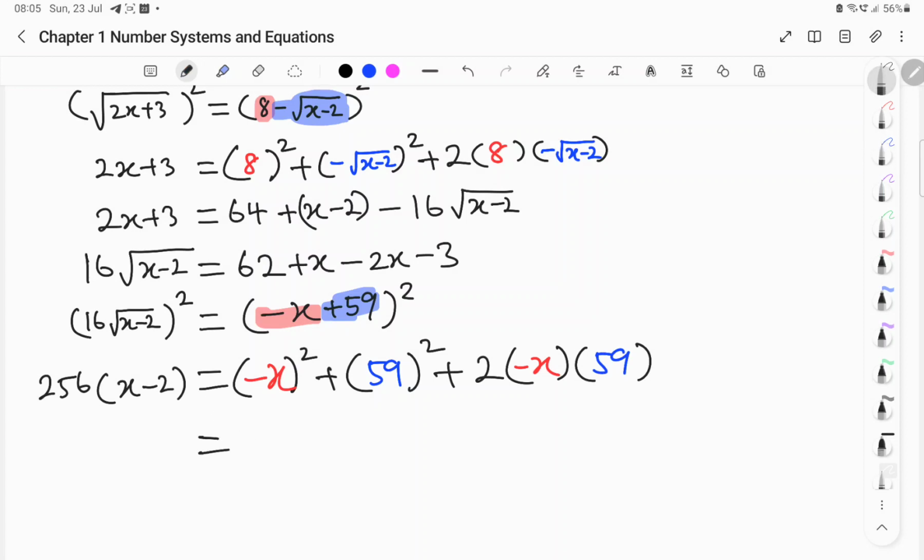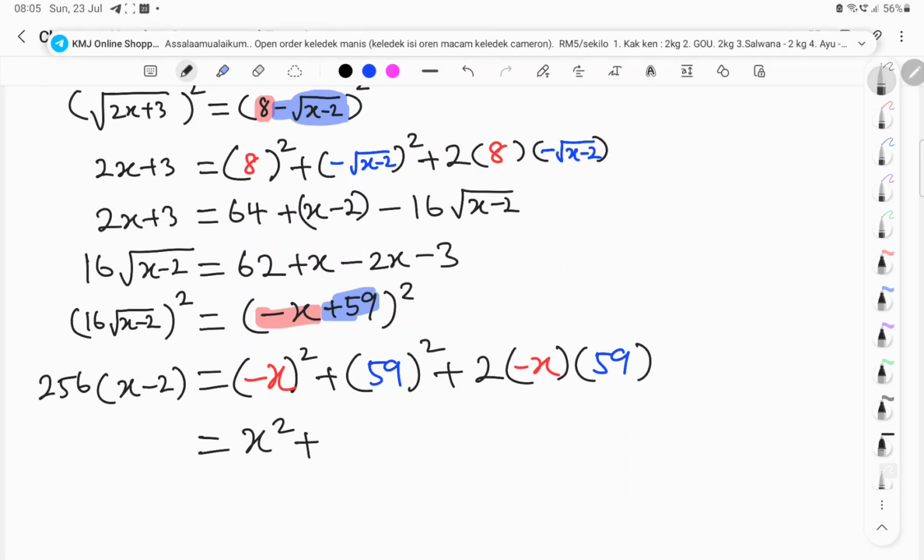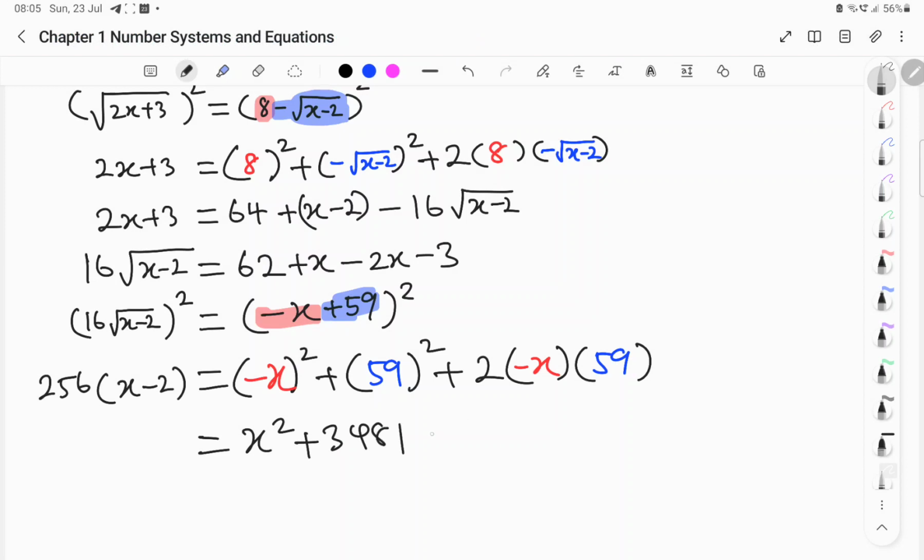Okay, now minus x squared is x squared. 59 squared, what is 59 squared? Ayo, so big. 3481. Okay, and then minus 59 multiplied by 2, so we get 118x.